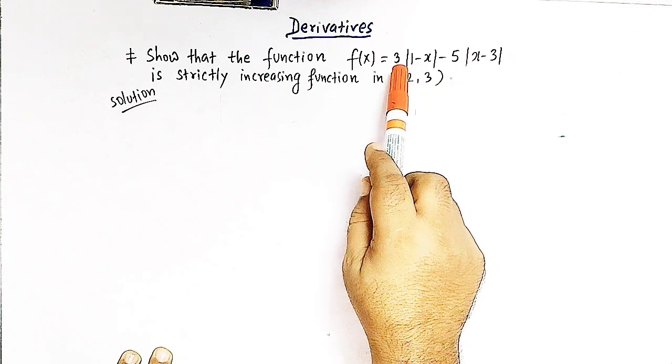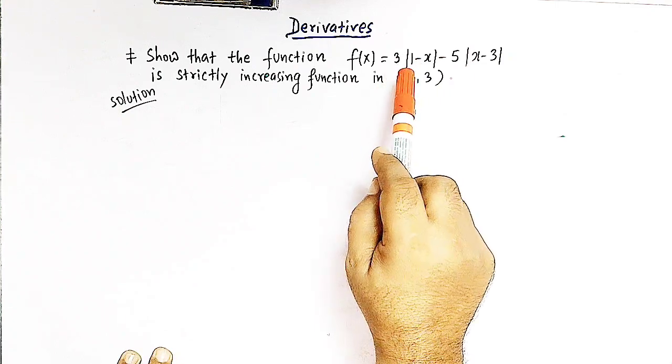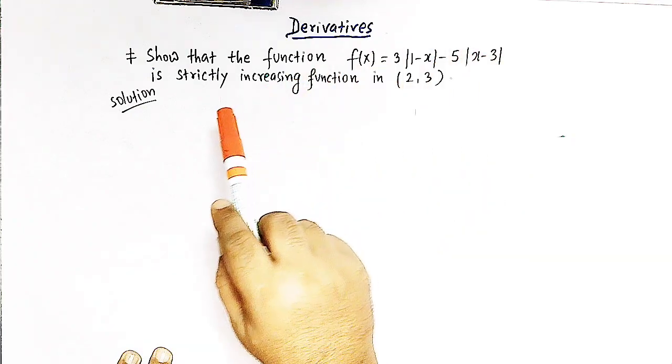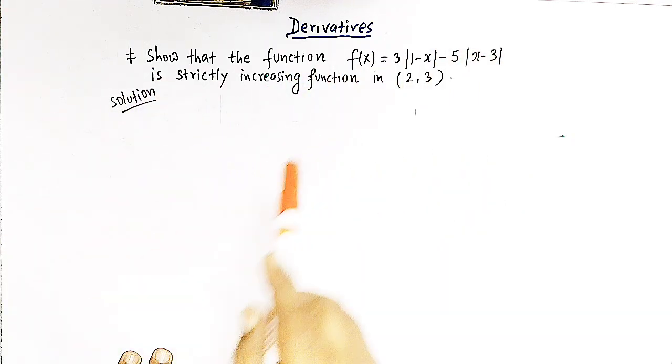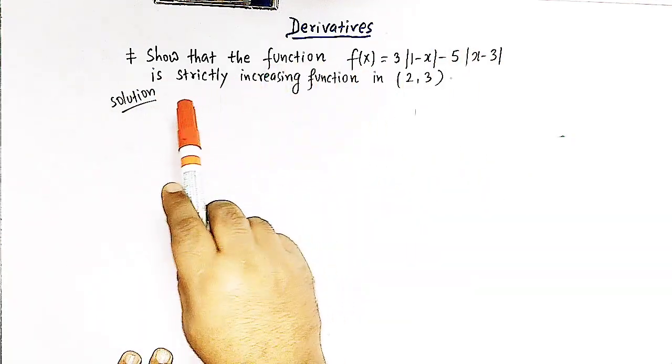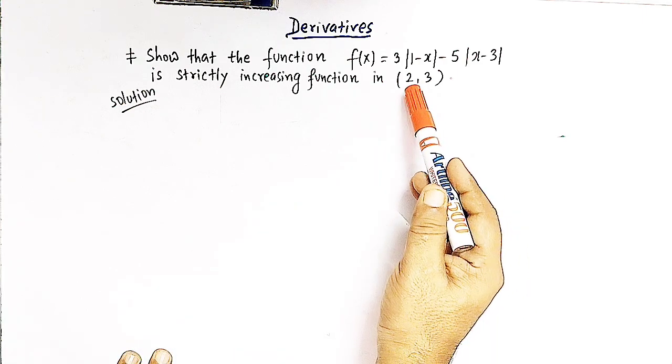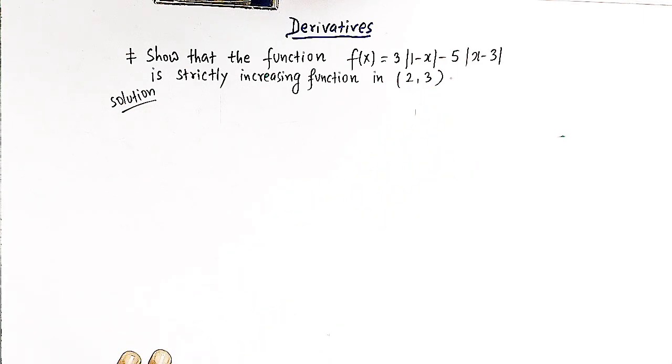So here we have 3 times mod of 1 minus x minus 5 mod of x minus 3, and we have to show that this function f of x is strictly increasing function in this open interval, that is 2 comma 3, right? So here let us first see the definition of strictly increasing function, right?